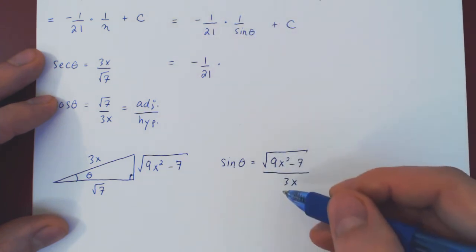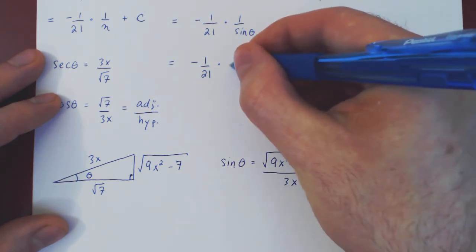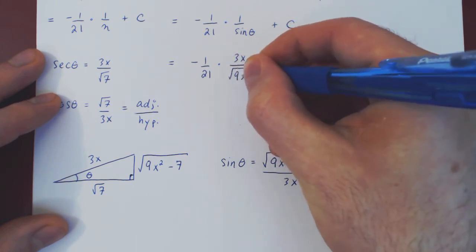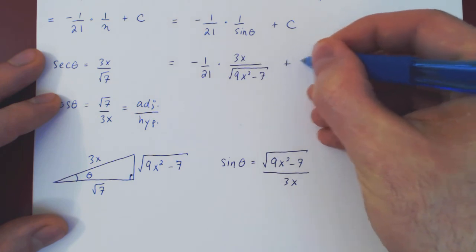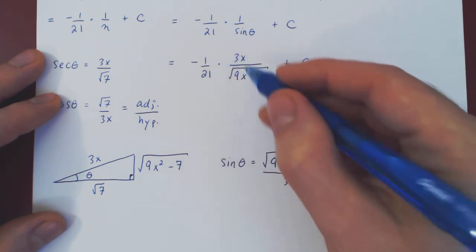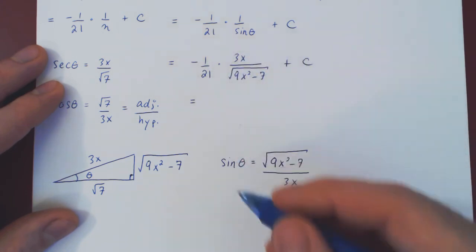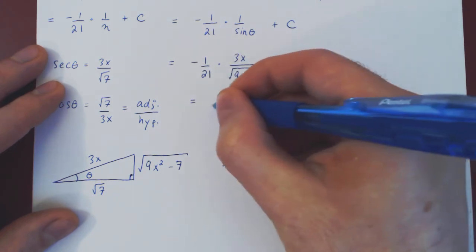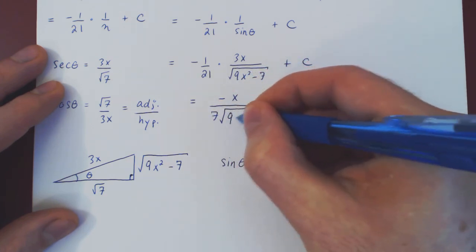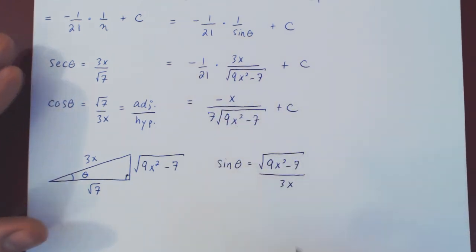So you invert this fraction, which of course gives you times 3x over the square root of 9x squared minus 7, plus c. And we can make one final simplification. 3 over 21 is 1 over 7. And so our final answer is negative x over 7 square root of 9x squared minus 7 plus c. And we're done.